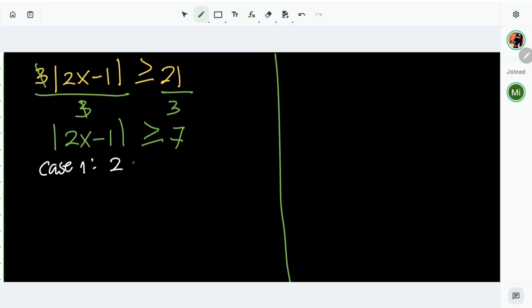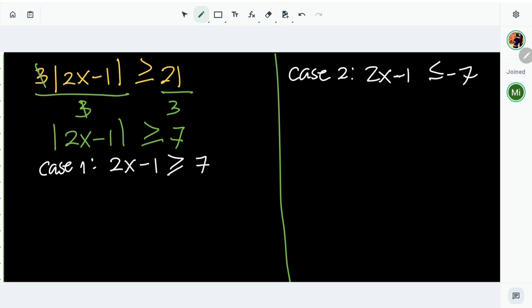So this is 2x minus 1 greater than or equal to 7. And the other case, 2x minus 1 less than or equal to negative 7. I mistakenly wrote 2x instead.